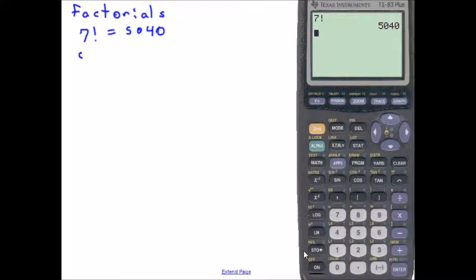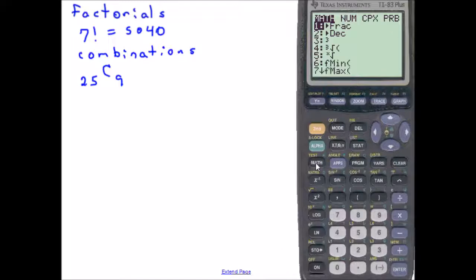For the combinations, if I wanted to do out of 25 objects and I wanted to select 9 of them, 25 choose 9. That's 25. Again, math, PRB, arrow down to the nCr.